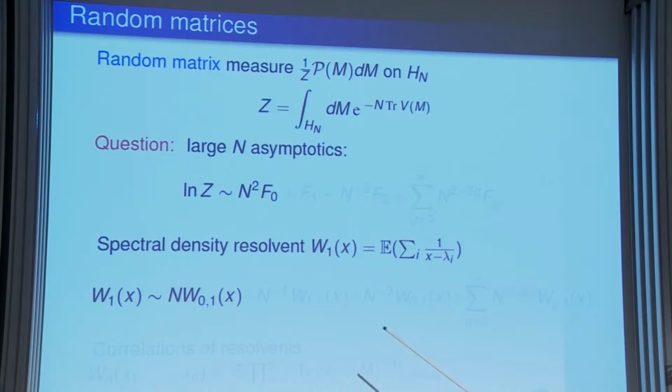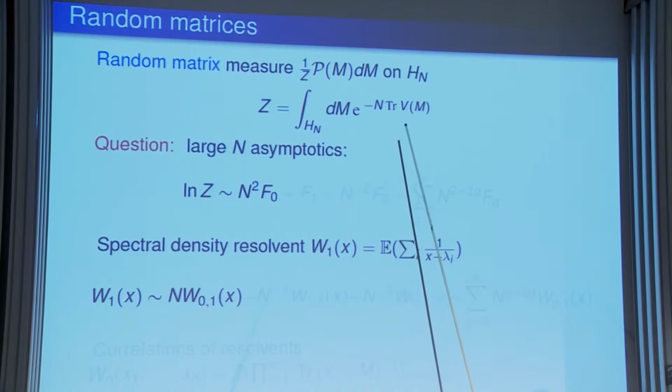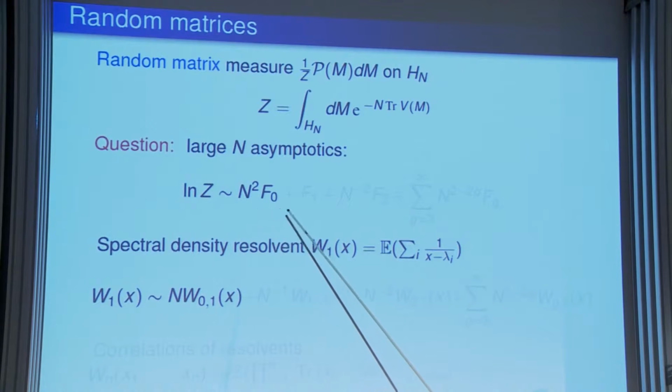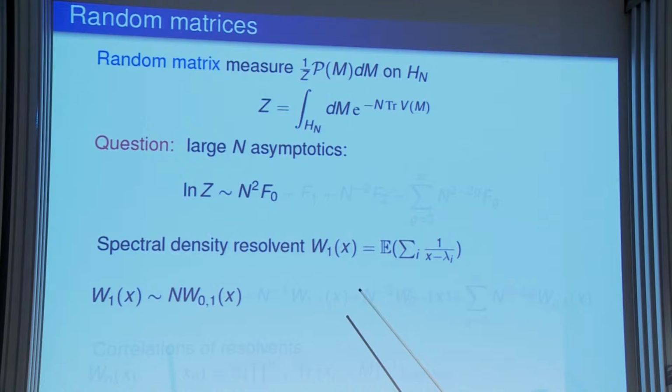And people in random matrices were interested in the large N behavior of all that. So exactly like Professor Kontsevich was saying, what is the large N behavior? When you start to expand the log of a partition function, there is first an N squared term, right? Then if you go to the next order, you find that the next order is a constant.